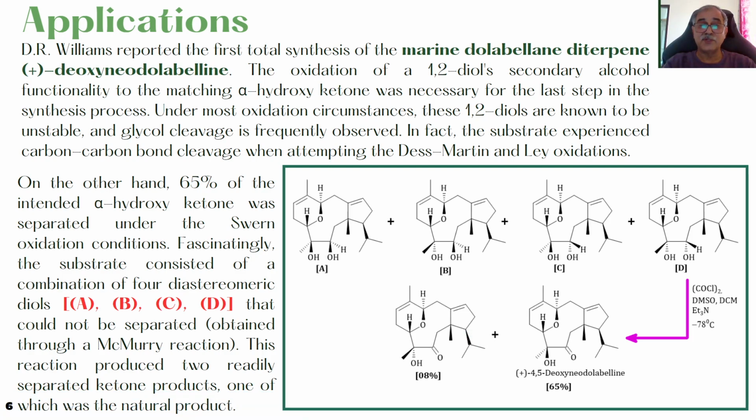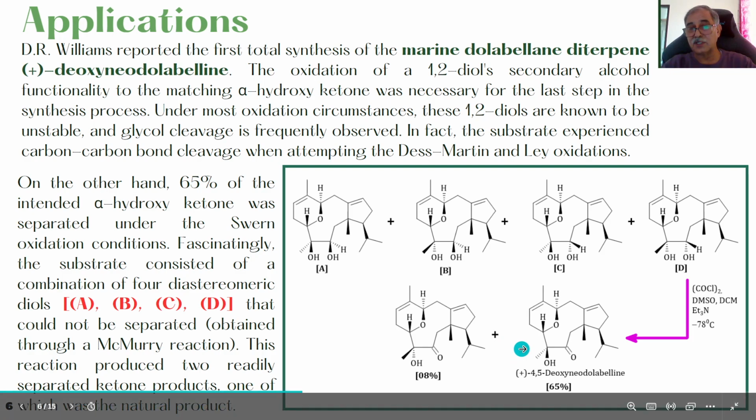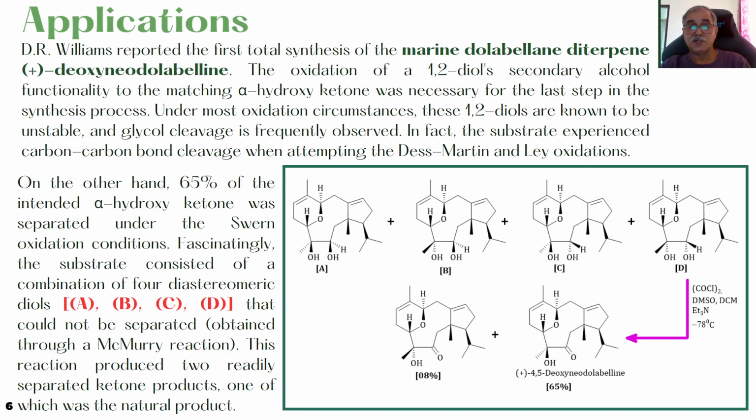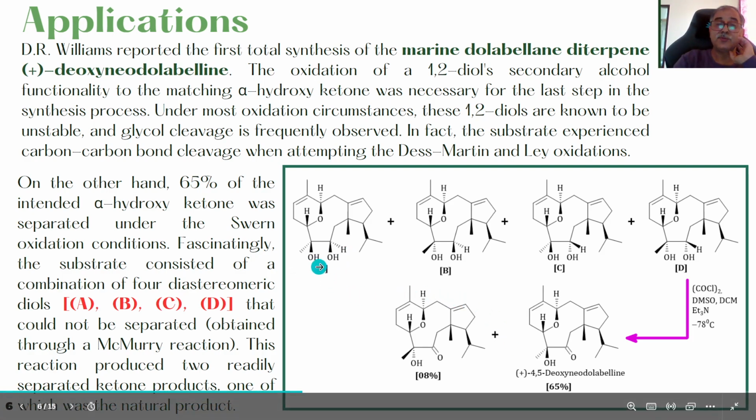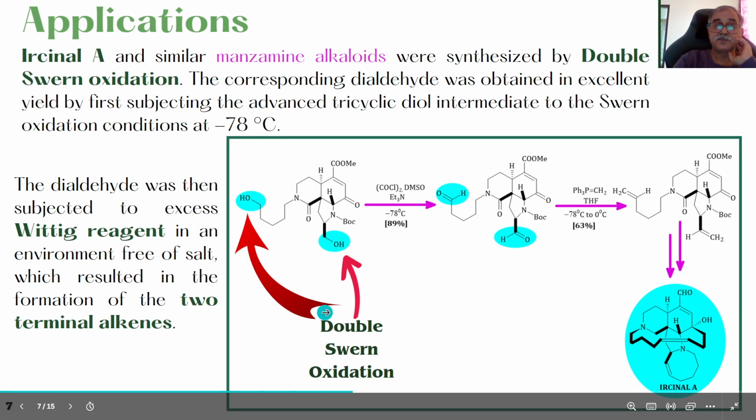So, Swern oxidation was successful in producing the desired compound through oxidation of only one of the hydroxyl groups to ketone. So, we have been able to selectively oxidize one of the two hydroxyl groups.